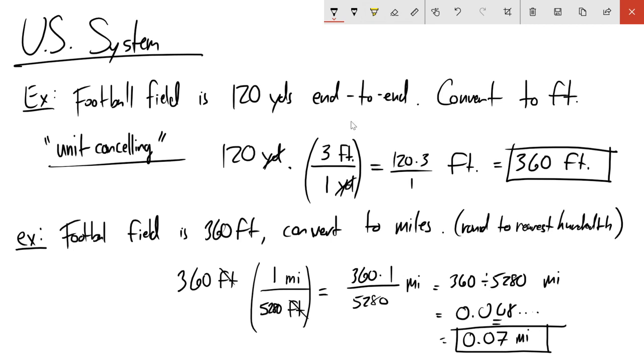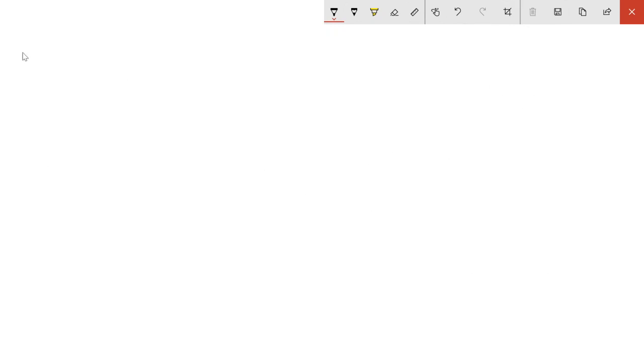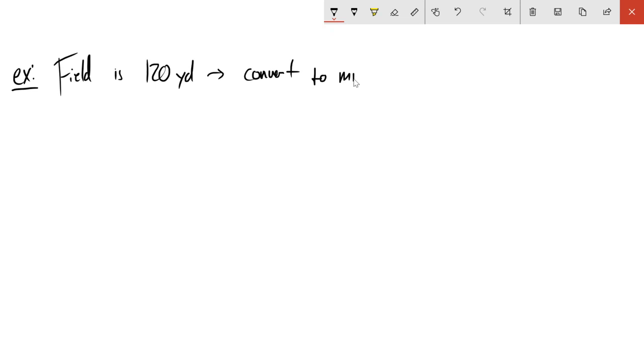Okay, so let's try another example. The nice thing about unit canceling is it allows you to convert through multiple units at a time. So like we started at yards. So it's 120 yards. If we wanted to convert that to miles directly, then you can do that. You're starting at yards.